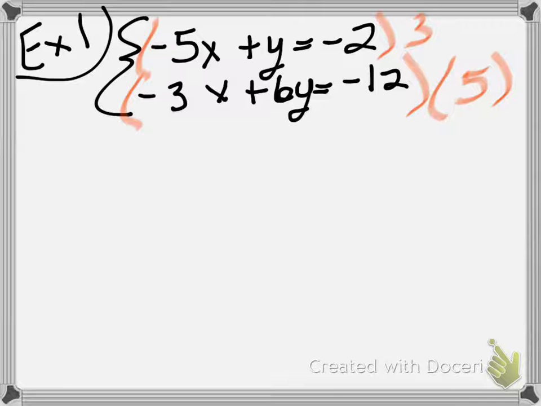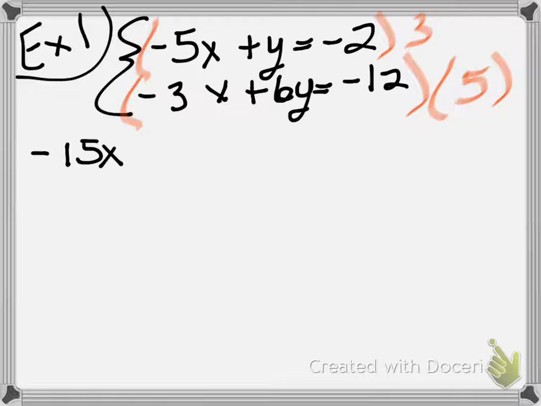Now when I do this, and I distribute all of those numbers, my x's would be a negative 15x and also a negative 15x. And if I were to add those together, the x would not eliminate.